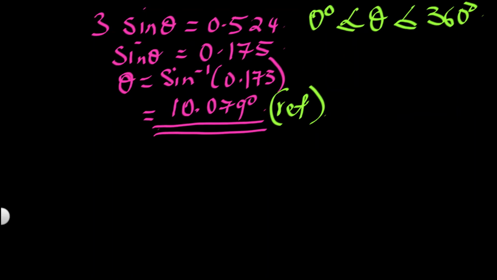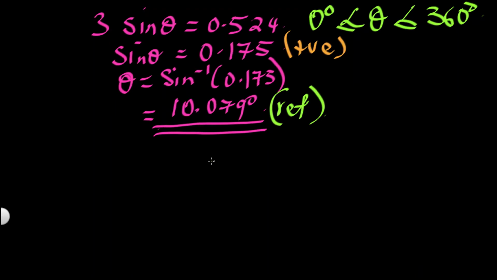And from our past diagram, we know that sine is positive in the first quadrant and in the second quadrant. 10.079 degrees is in the first quadrant.